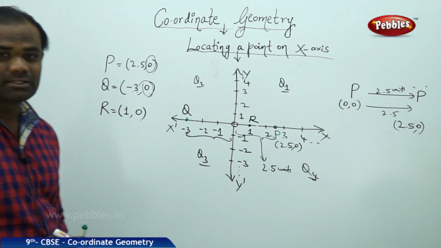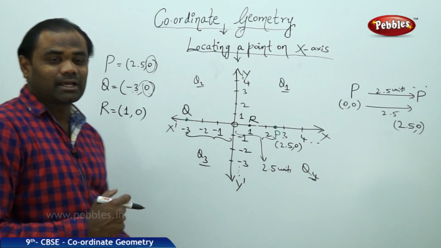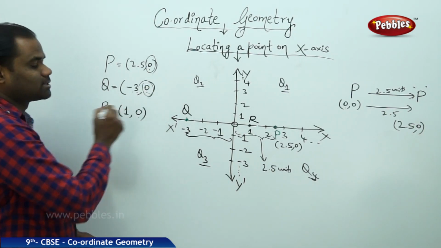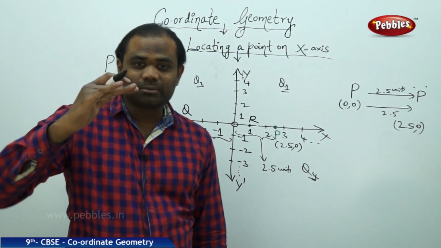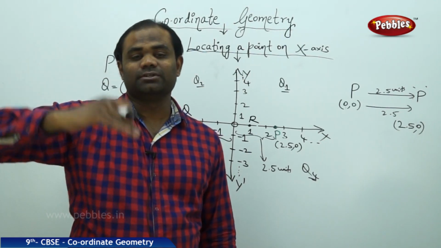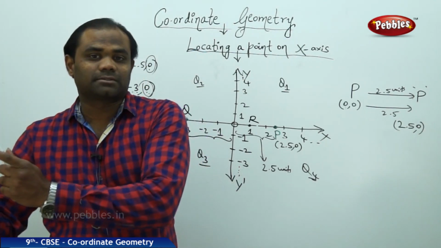We clearly see that each of the points has its y coordinate as 0, because for any point on the x-axis there's no change in y, but there's a change in x.